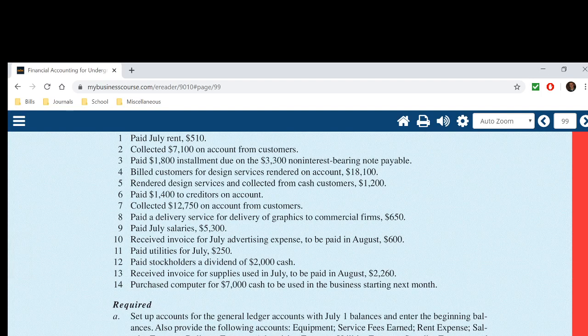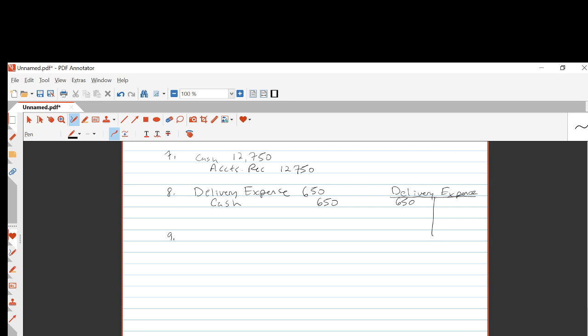Paid July salaries, $5,300. This is another expense. We're going to assume that we are deriving the benefit from using the asset. In this case, the employees are the asset, and they've worked for us, and we're deriving the benefit of them working for us right when we pay them, which doesn't usually happen. Usually you pay them after you derive the benefit of them working for you.